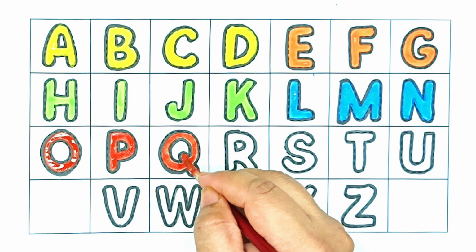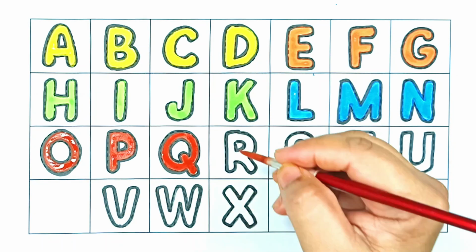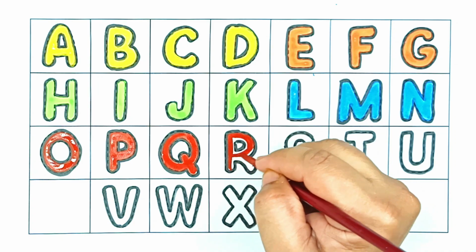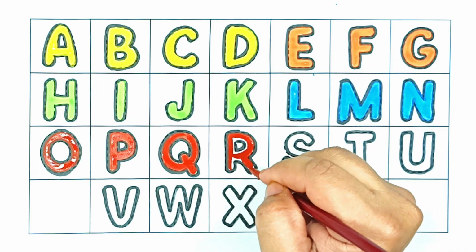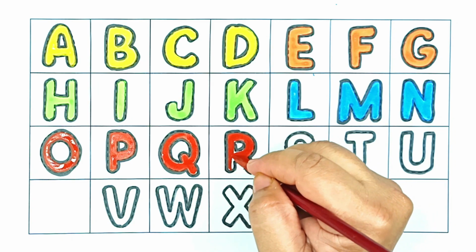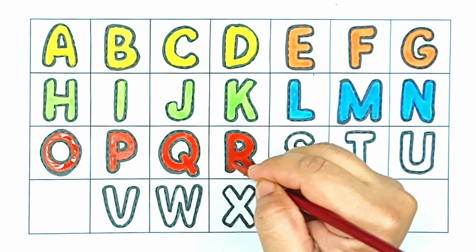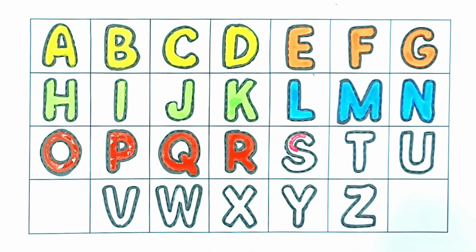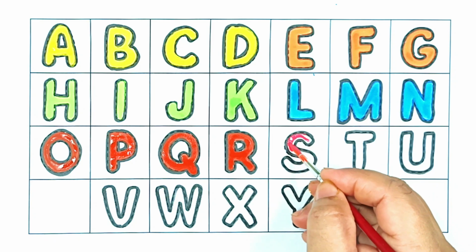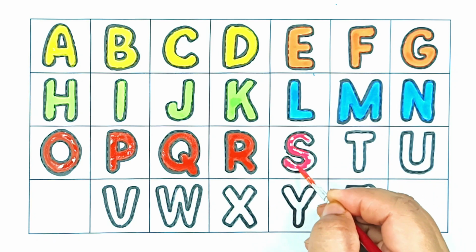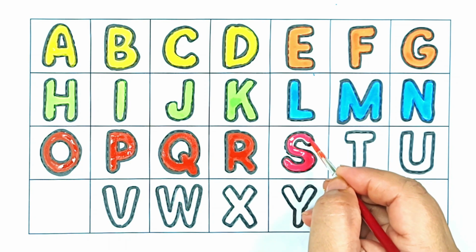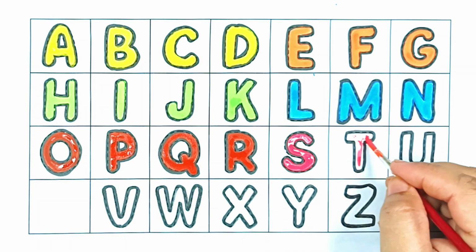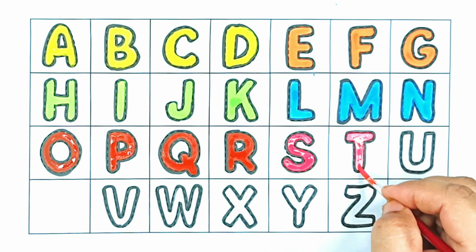Q for queen, Q for queen. R for ring, R for ring. S for star, S for star. T for train, T for train.